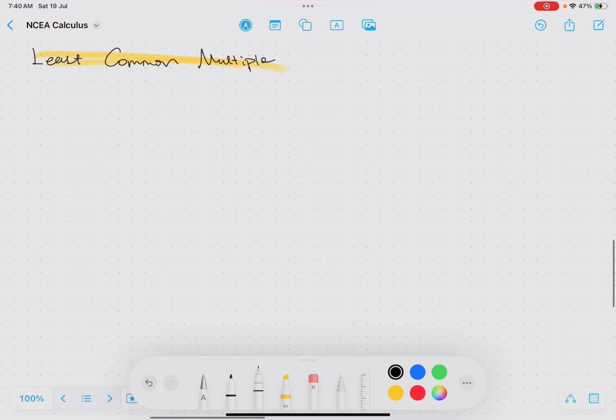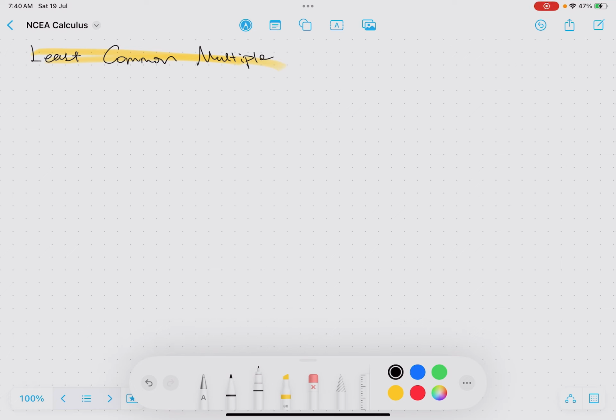The common multiple is essentially thinking about what a number can become if it gets multiplied by an integer. Let's say I have 3, and we think about the multiples I can have. We can times 2, and that gives 6. Times 3 gives me 9. Times 4 gives me 12. So all three of these are multiples of 3.